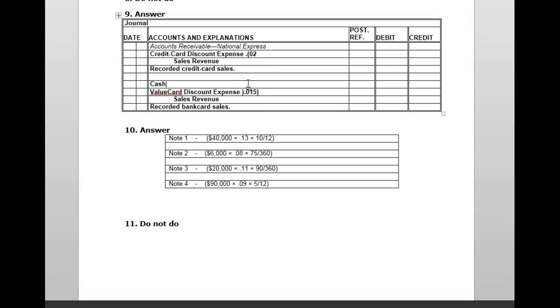I'm trying to remember why they have separated the two out, showing a cash and a, let me see, one is a credit card and the other is a bank card, like a debit card. That makes sense.